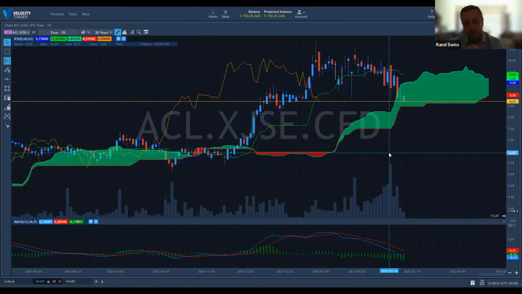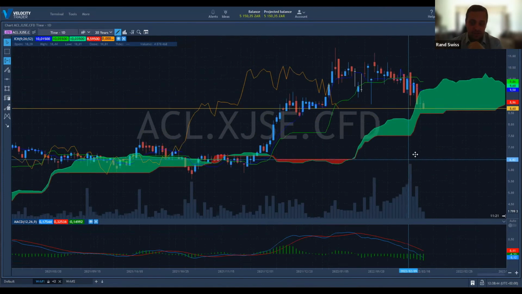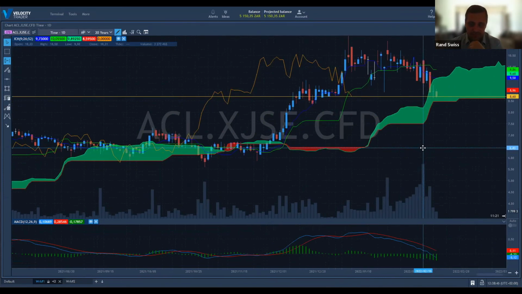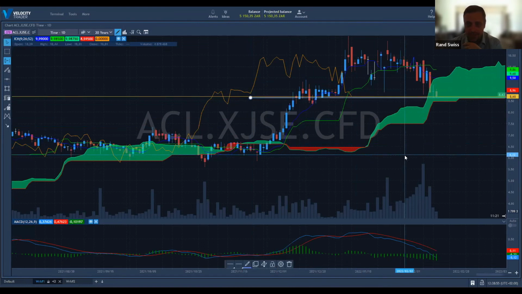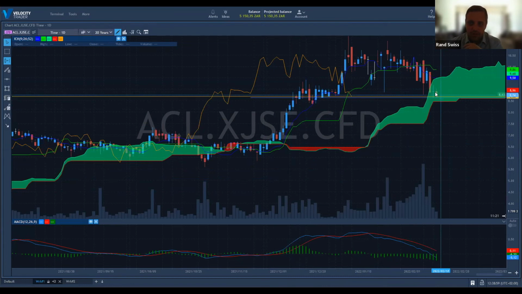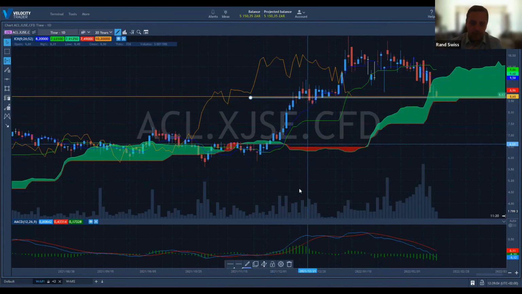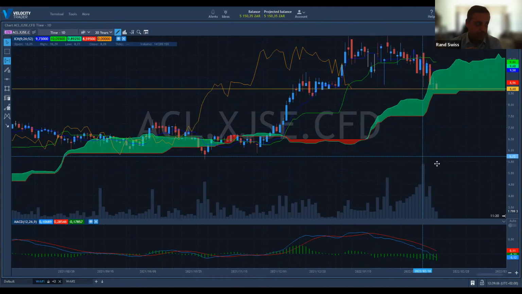So right now, would I go long or short on ACL? If you put a gun to me, I would probably say I'd rather go short on the stock instead of long. Although one bullish signal for it, at the very least, apart from a cloud, is that it is right at support. So will this support hold? Wait and see. But at the moment, it's looking more bearish than bullish.